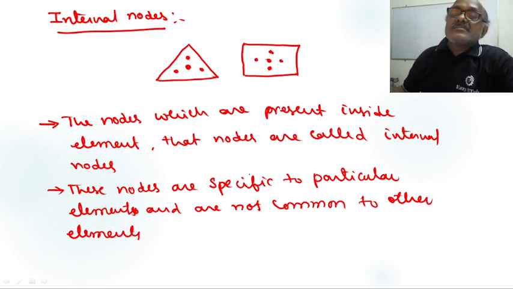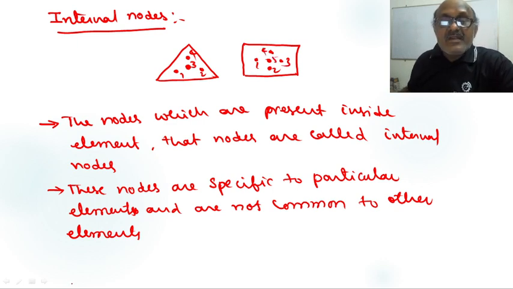All of you clear? So here is node 1, 2, 3, 4. Here is 1, 2, 3, 4, 5. All these nodes are internal nodes, my dear students. All of you clear? Next, there are two types of external nodes, my dear students. The external nodes are divided into two types.